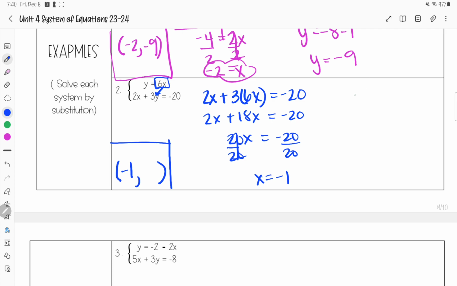I'm going to choose the shorter one because I know that x equals -1. So I'm just replacing that. Now I have y equals -6. And there's my solution. Again, if I were to graph these two lines, they would cross at -1, -6.